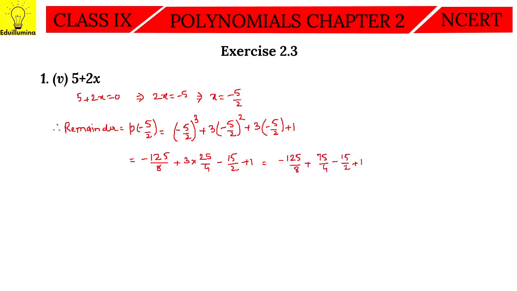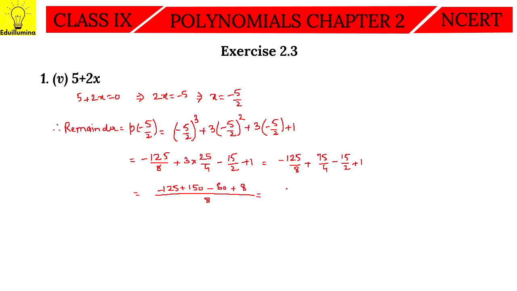So taking LCM as 8, so it will be equal to minus 125 plus 75 into 2 is 150 minus 15 into 4, 60 and plus 1 into 8 is 8.